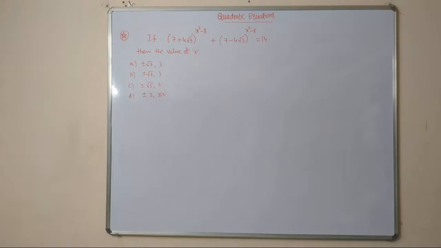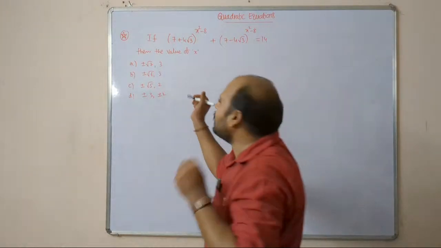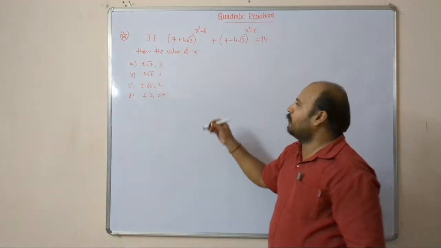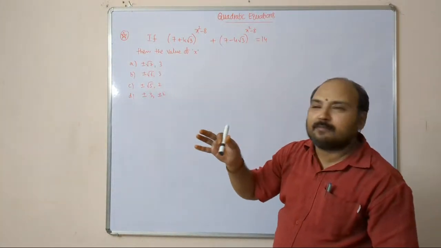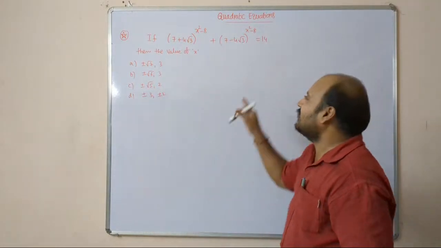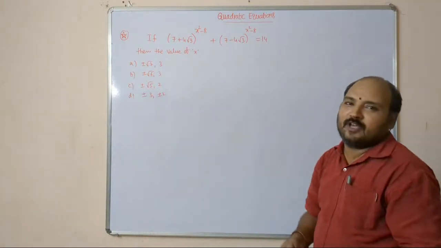So first I will finish the question. Why? Because this is a separate question. To solve these type of problems, most of the times in the previous exams, this question they asked. Not this question exactly, this type of question they asked.